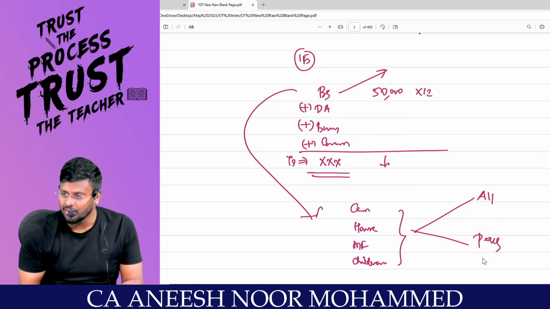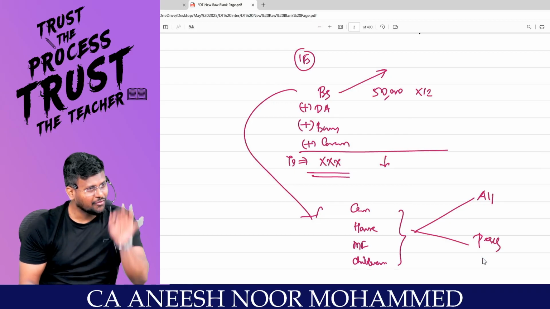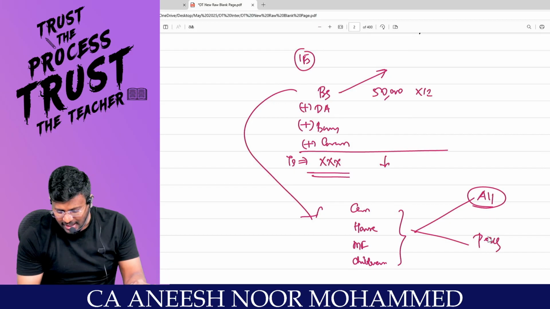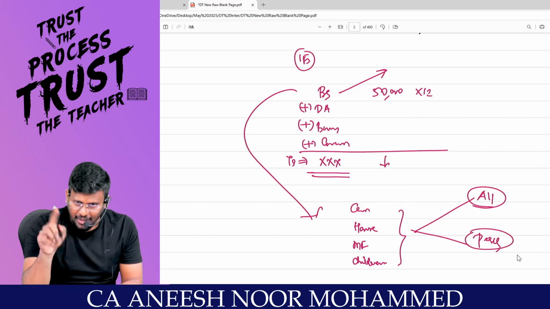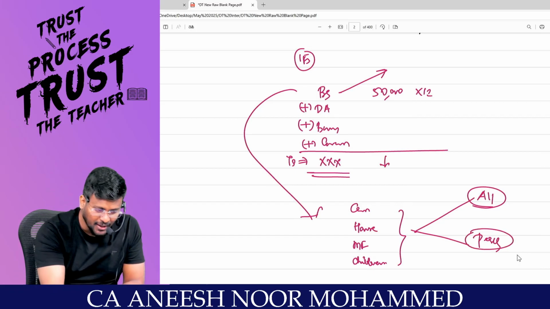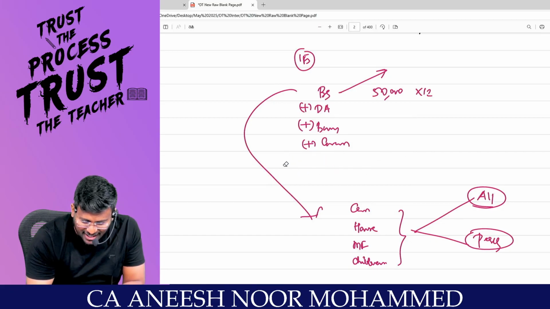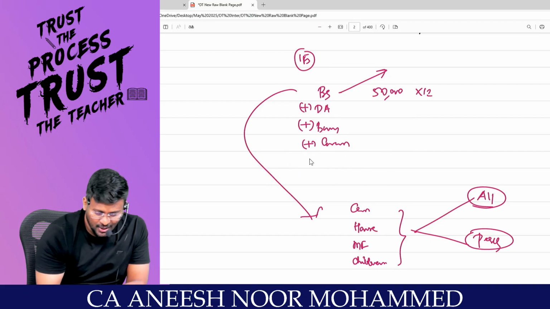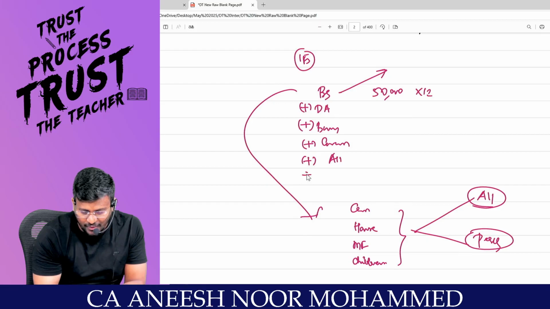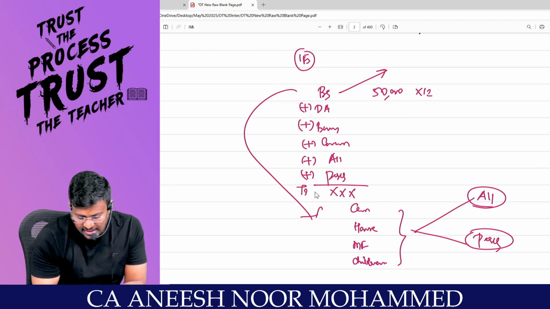So the government said that if an employee is getting any amount as either allowances or perquisite from an employer, even that will be included in the taxable salary. So add allowances, add perquisite, and you will get the taxable salary.